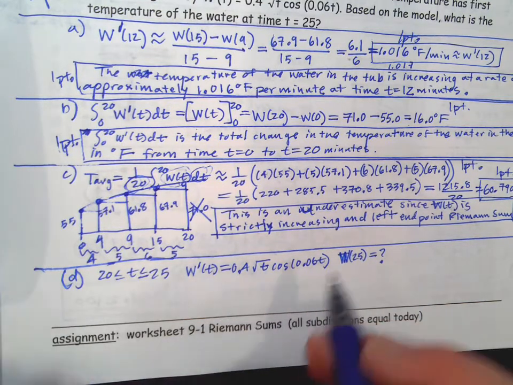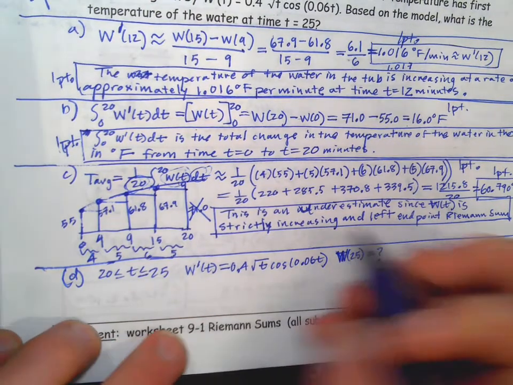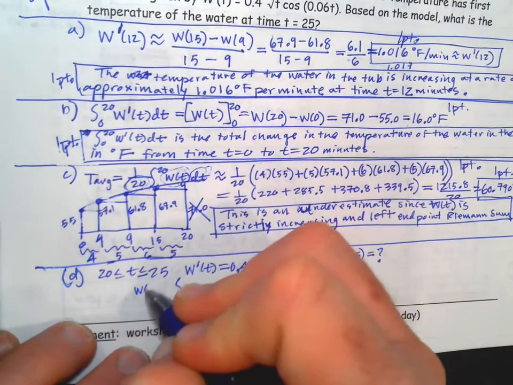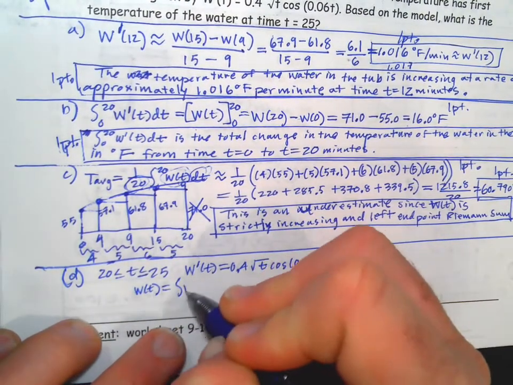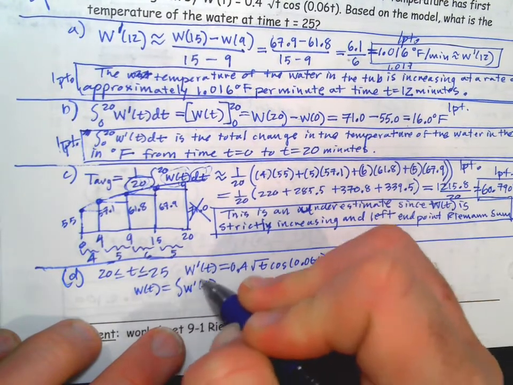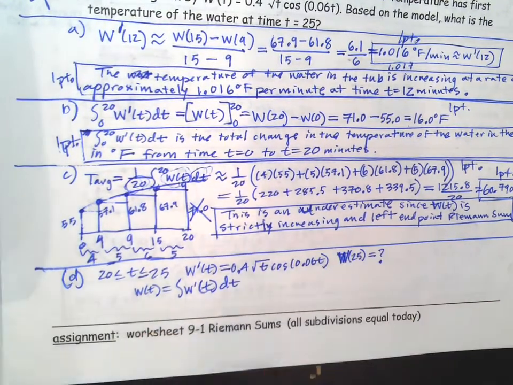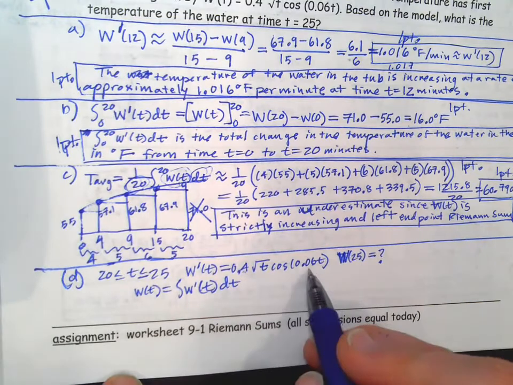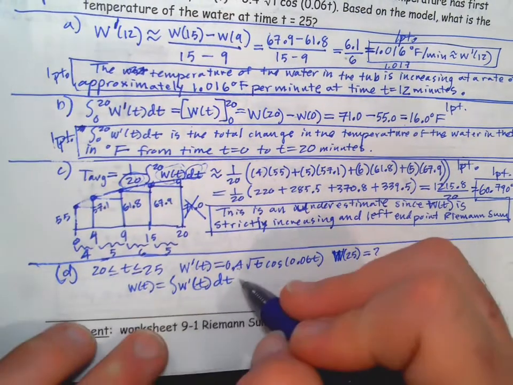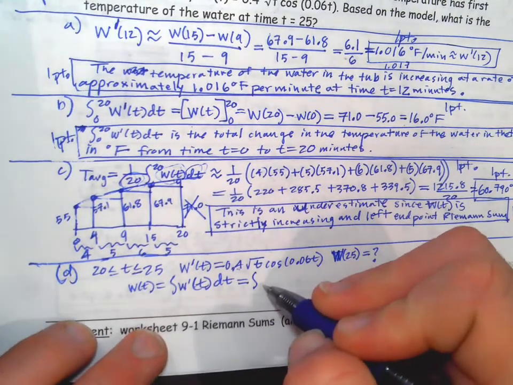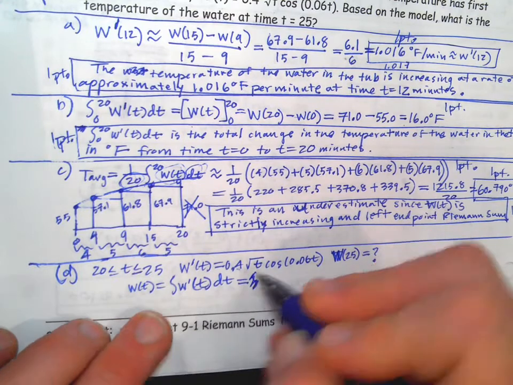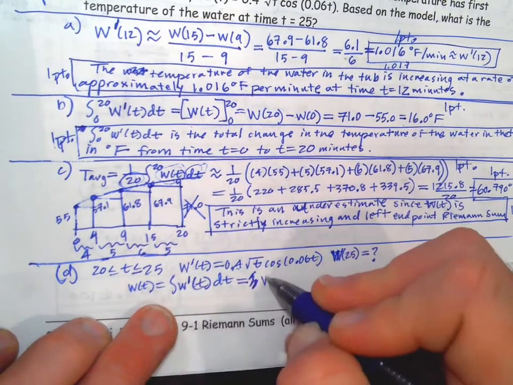If you want the original function, don't we usually say it's going to be the integral of the derivative, right? The only problem is we can't integrate this. But we do know that if we integrate W prime, we get W, right?